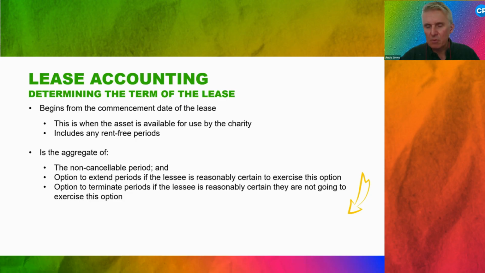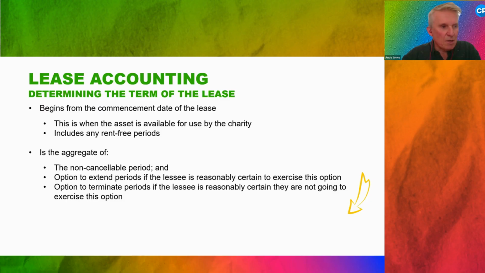If it's land and buildings, you've taken out this lease because this is going to be your HQ for the next 20 years for the charity. So you're reasonably certain that where you've got these break clauses, you are going to occupy the lease for its full period. And around options to terminate, it's the same approach, using that reasonable certainty test as to whether you're going to exercise that option or not.